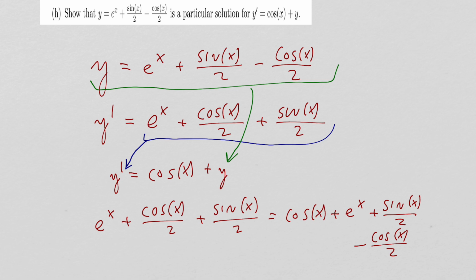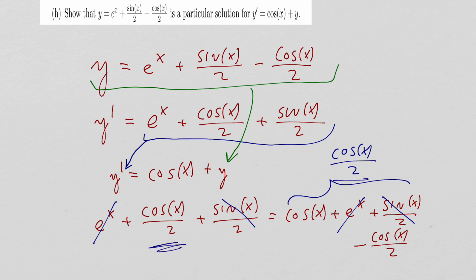Well, e to power x is in both sides. Sine of x over 2 is in both sides. And if we calculate now the right hand side, it would be just cosine x divided by 2. And the left hand side and the right hand side are the same, so the equation is okay.